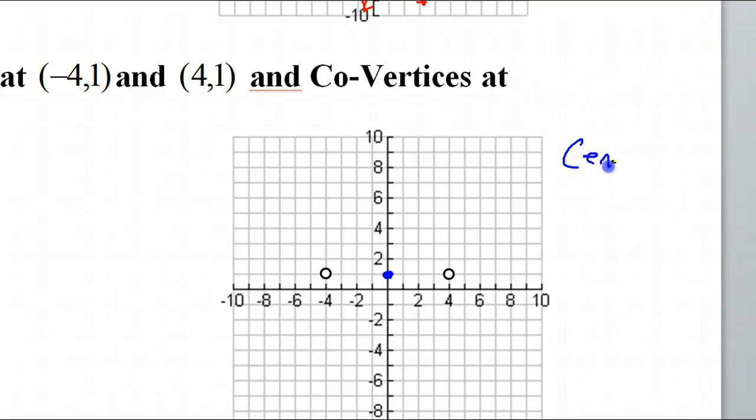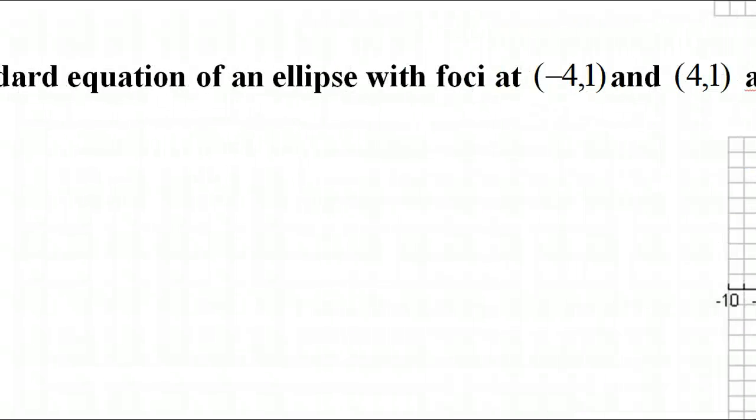Let me write that down. So center is (0, 1). Because this is my distance to a focus, that is my C value. And my C value here is 4. So make a note of that. And let's see what else we have going on here.